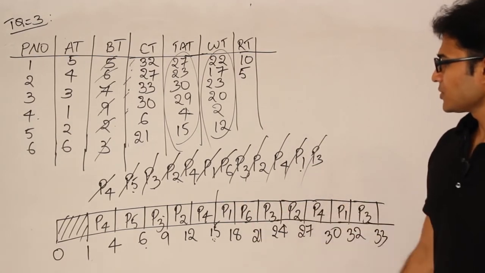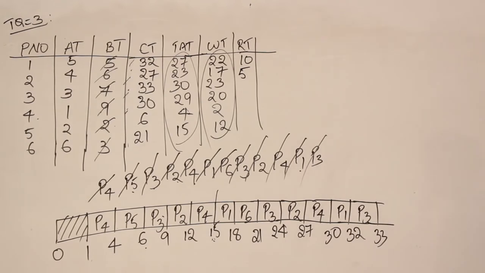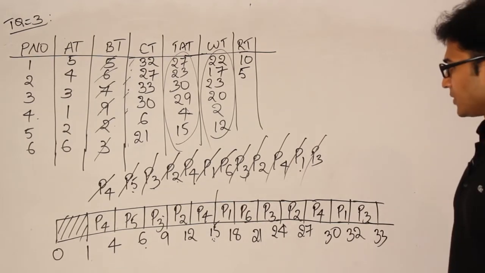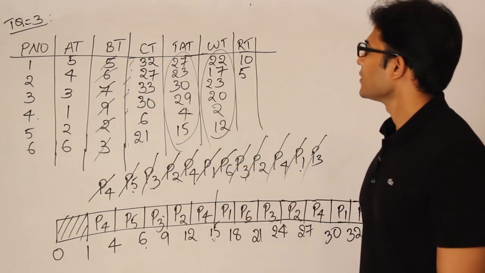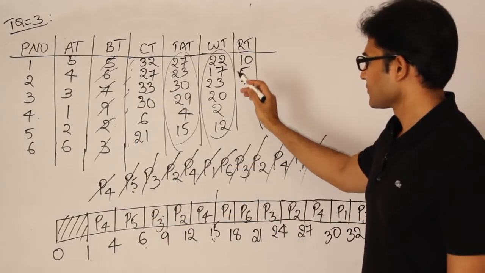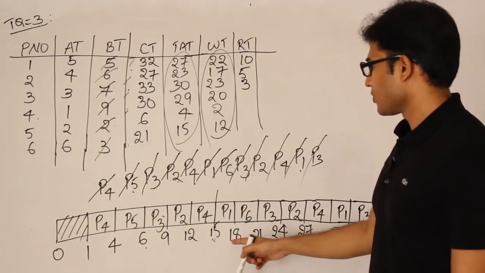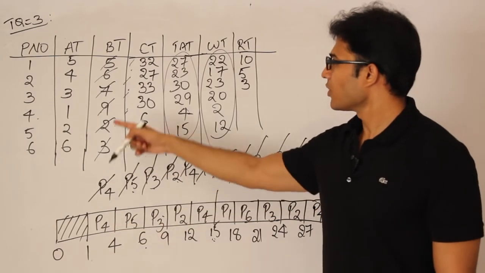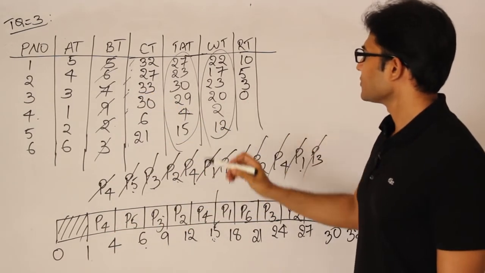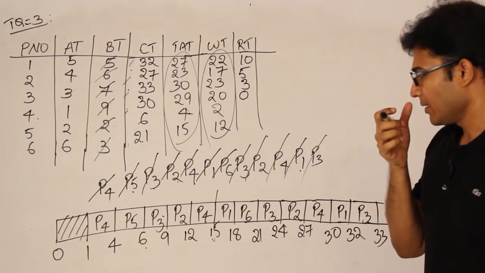And what about the response time for P3? It got scheduled at 6, but it arrived at 3. Therefore its response time is 3. And what about P4? It got scheduled at 1, but it arrived at 1. Therefore response time is 0, which means it responded immediately, right?